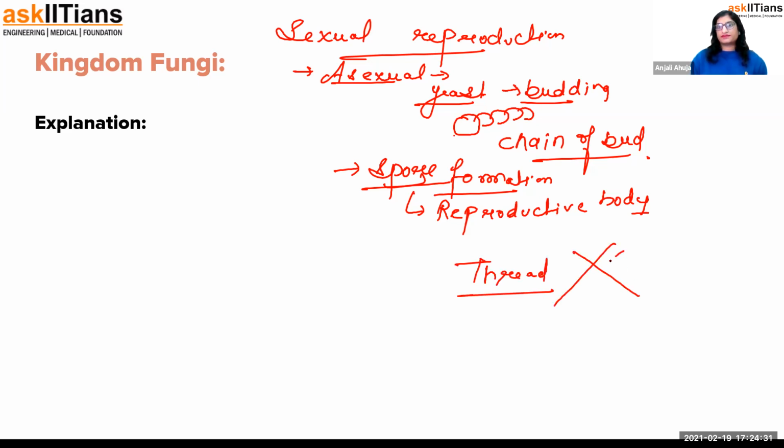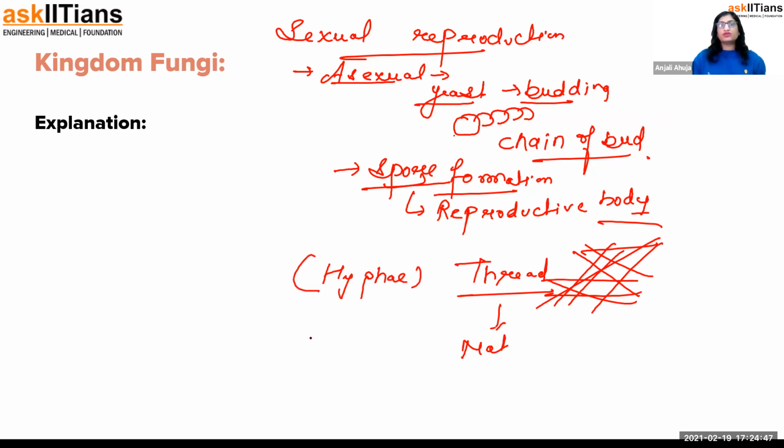A lot of threads together make a mat-like structure. In biological terms, the thread is called hyphae, and the mat is called mycelia. Mycelia is plural, mycelium is singular.